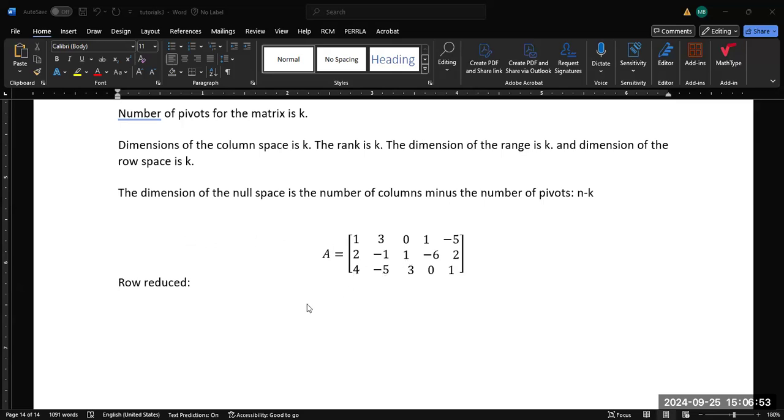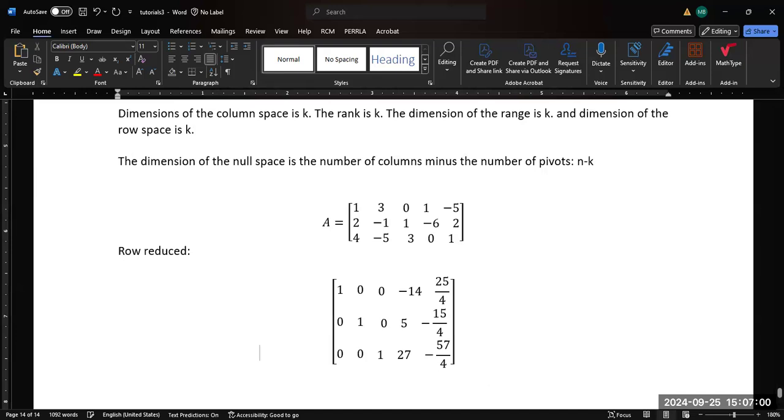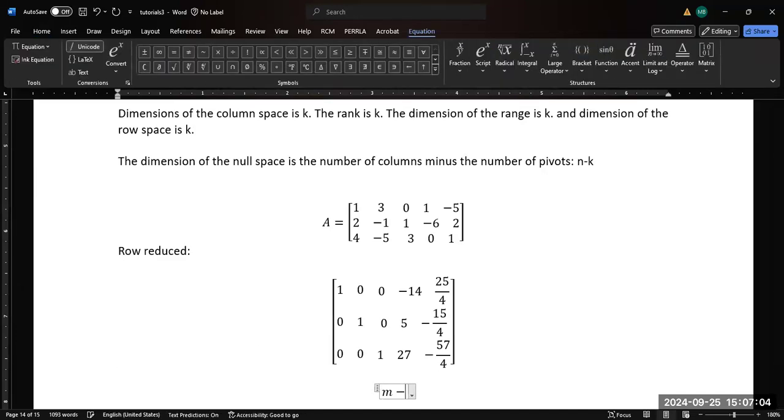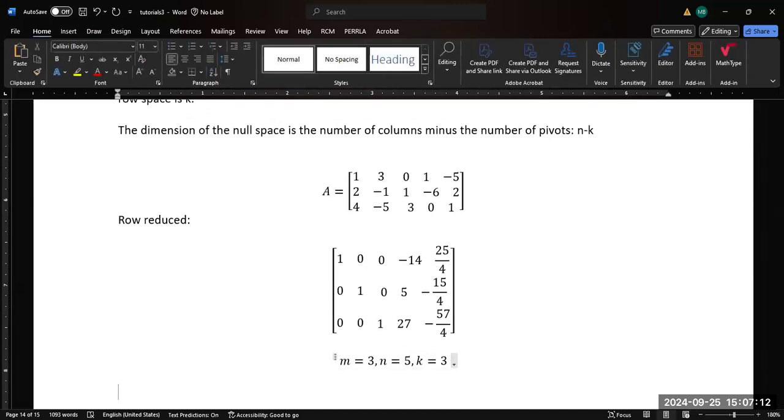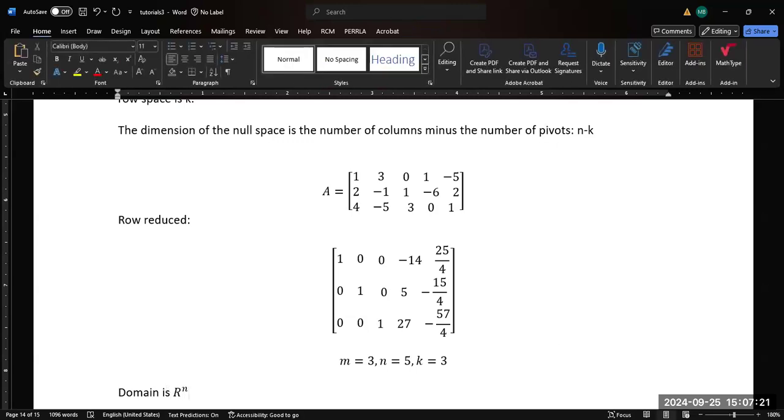This is our 3x5 matrix, and when I row reduce it, I get the following. So what do we know? We know that M is 3, N is 5, and K is 3. So we can say that the domain is R5.